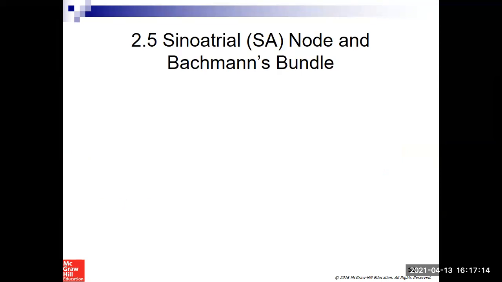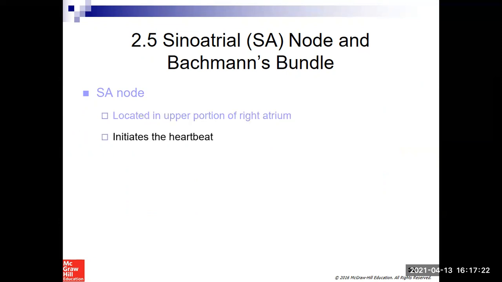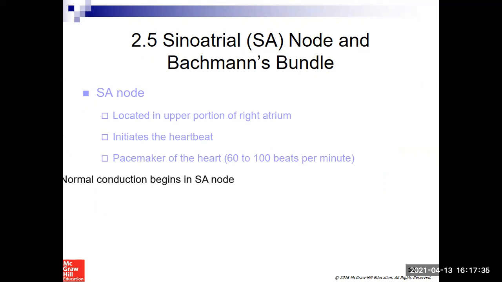So the SA node and the Bachmann's bundle. The SA node is located in the upper portion of the right atrium. It initiates the heartbeat. Remember, that is the initial pacemaker. So the beats there are 60 to 100. The pacemaker of the heart, 60 to 100 beats per minute.